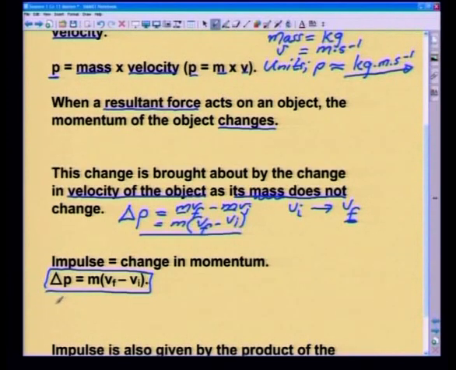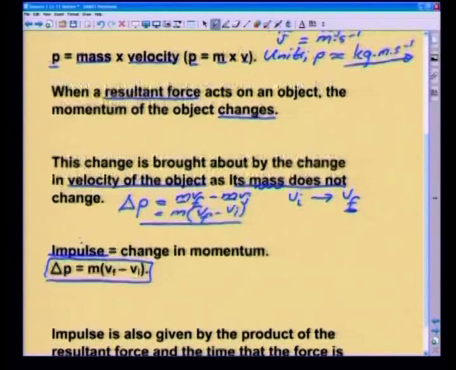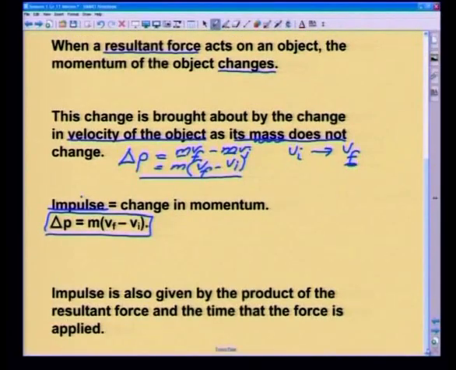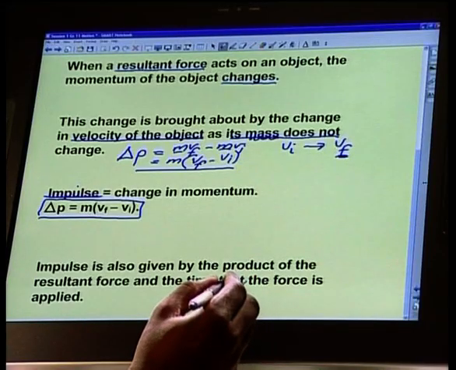Now this change in momentum is called impulse. Change in momentum is called impulse. We also need to know that impulse is given by the product of the resultant force and the time that the force is applied.